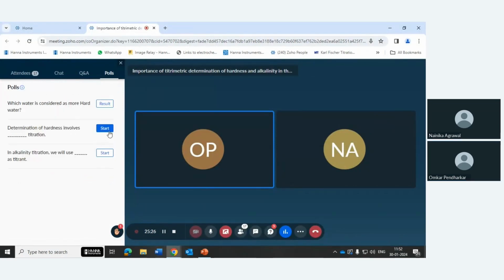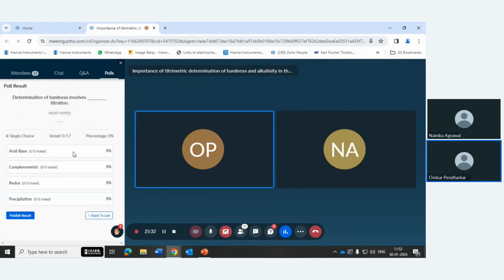Okay, so here comes the second poll. Determination of hardness involves dash dash titration. So your options are acid base titration, complexometric titration, redox titration, and precipitation titration.